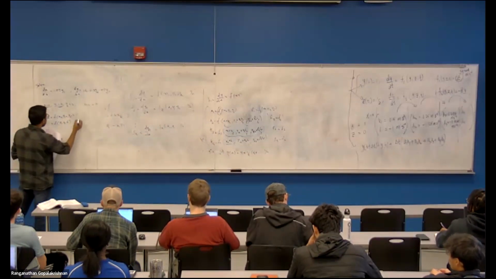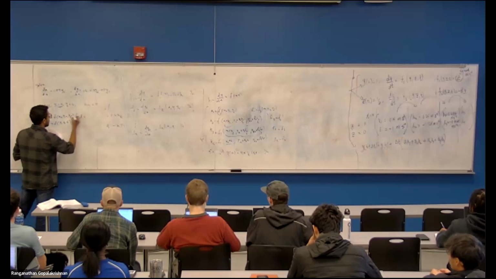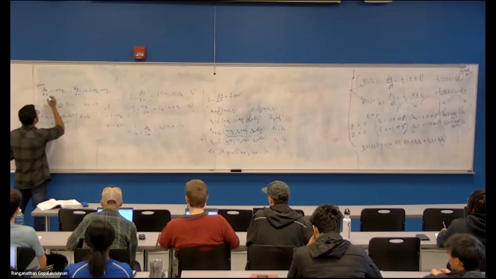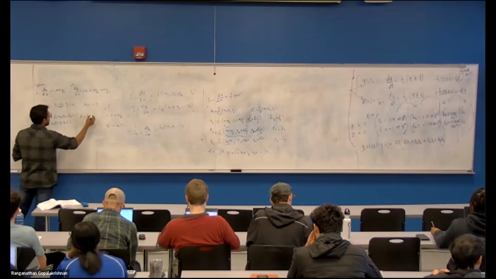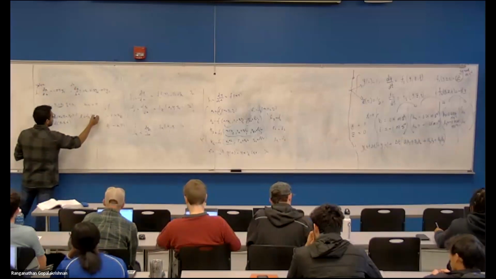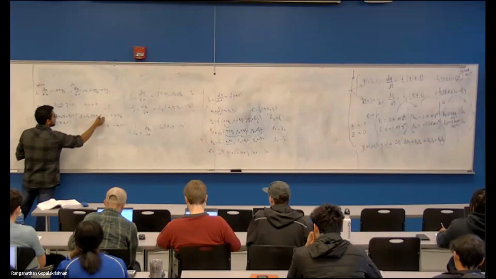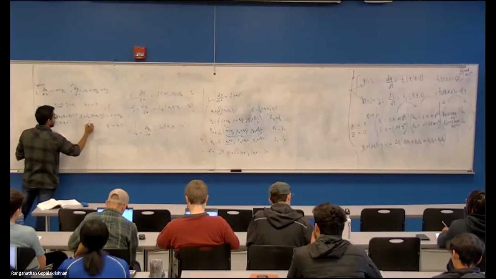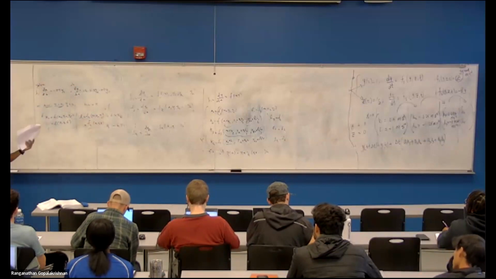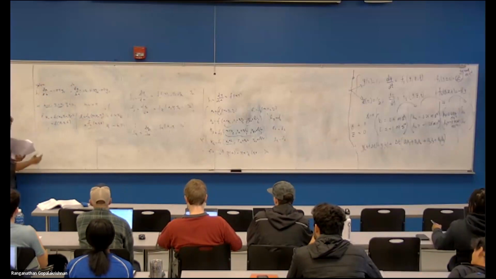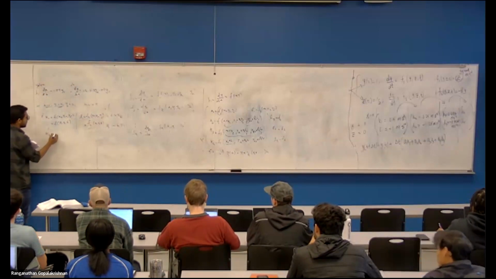We have to find similarly L1. What is L1? This is F1. This is F2, right? F2 of the same point, x0, y10 and y20, which is F2 of 0, 4, 6. Is it clear?